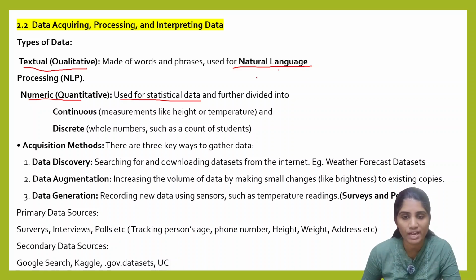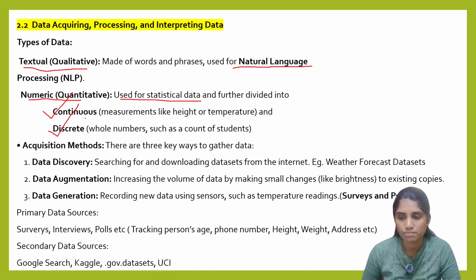Already we have seen the two. The other one, apart from this, is image based and video based, which we call computer vision. In this, we are going to discuss only these two. We also have the third type, which is called image based, used for computer vision. And this numeric data is further divided into continuous and discrete.